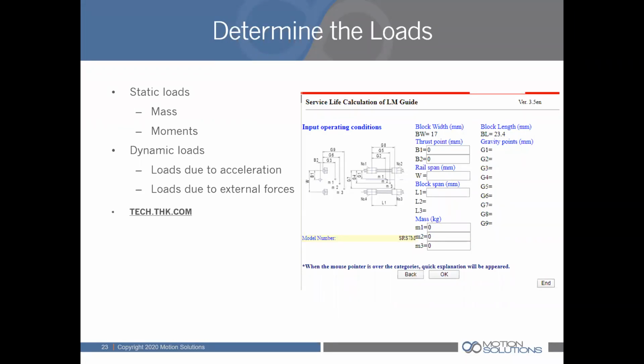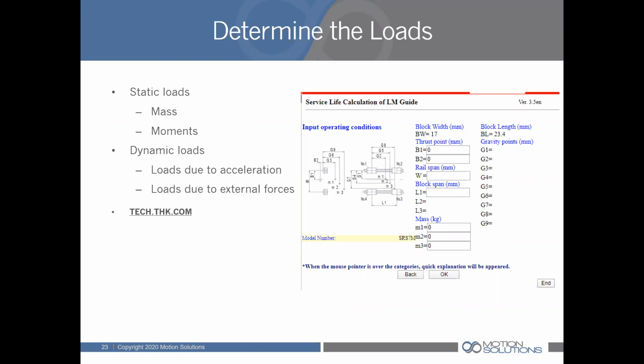I will always use this tool when I'm doing an initial selection of the bearings because it's really quick, and I found it to be quite accurate. Of course, in more complex designs, we will also keep a spreadsheet table that explains all the forces and loads on the bearings and the resulting life calculation.